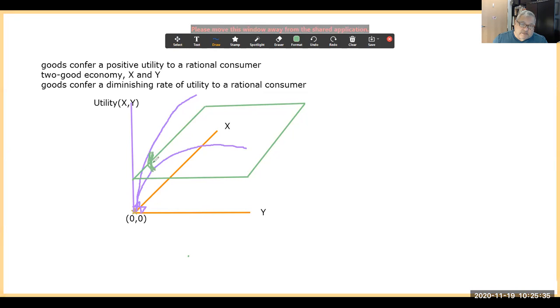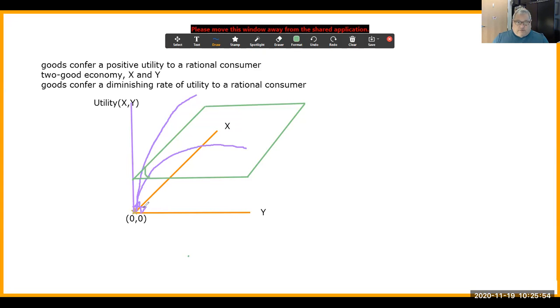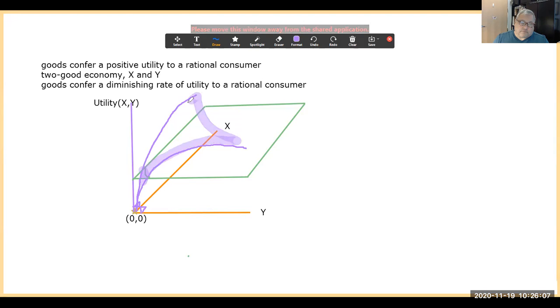And because the surface is curved and not linear, the cut that is made is also curved. So where the plane cuts the purple surface or sheet, that's where we have a particular trace.